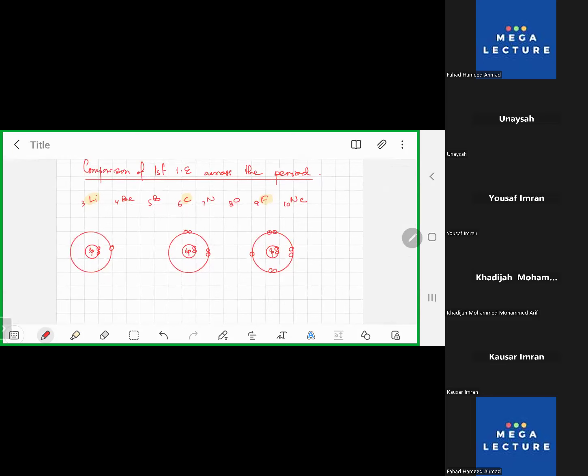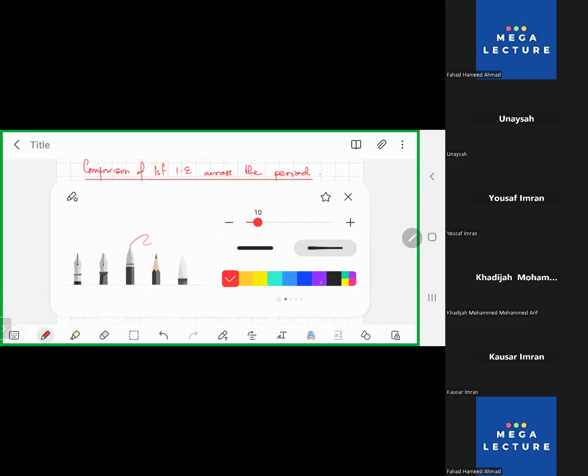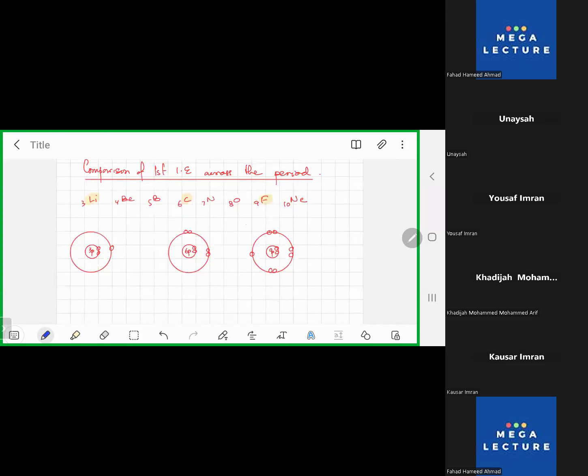Will it be harder to remove electrons or easier to remove electrons? Harder to remove electrons, right? और चल, अगर more difficult है तो why is it more difficult? Shielding effect.